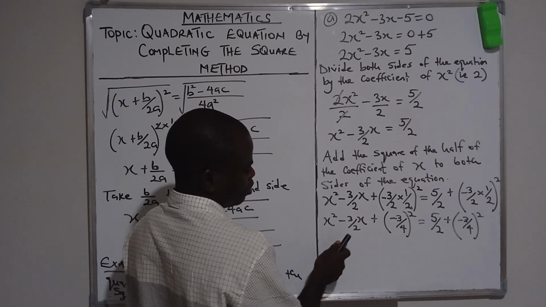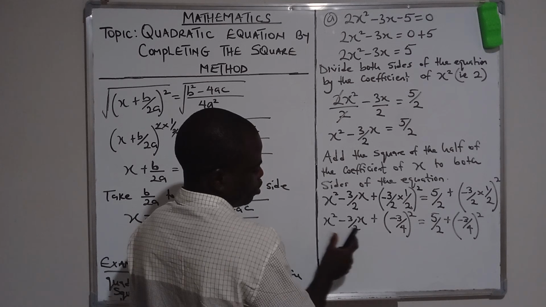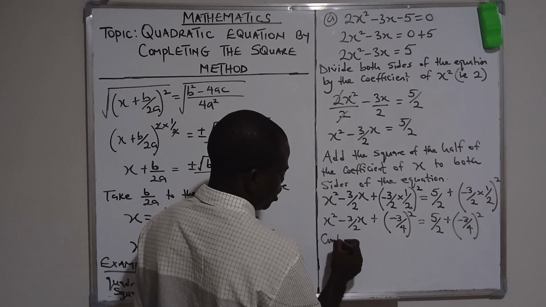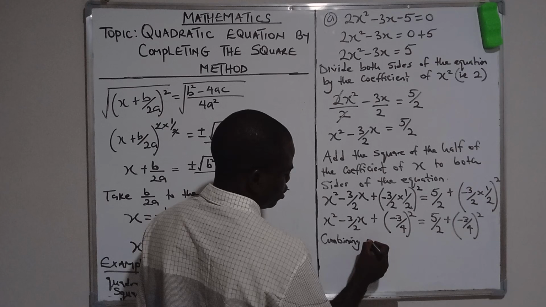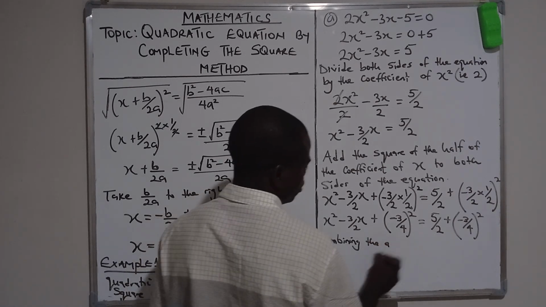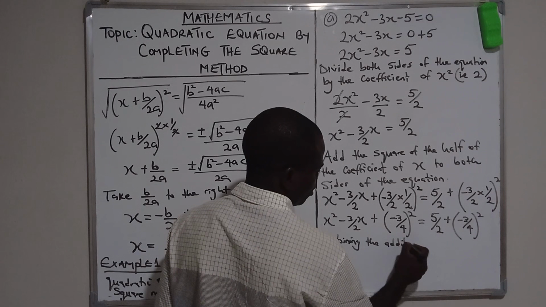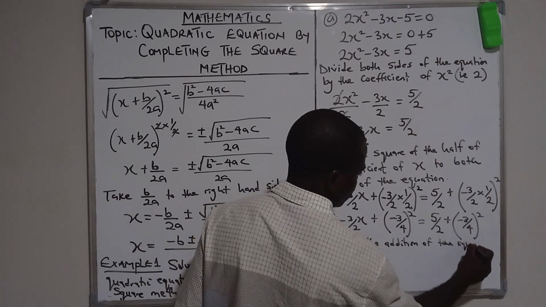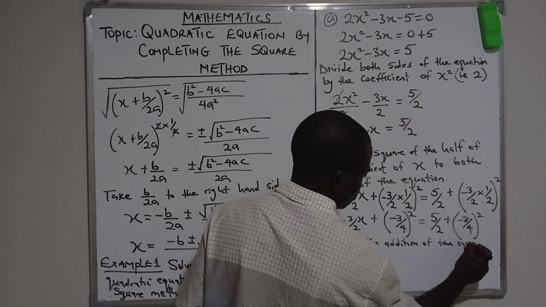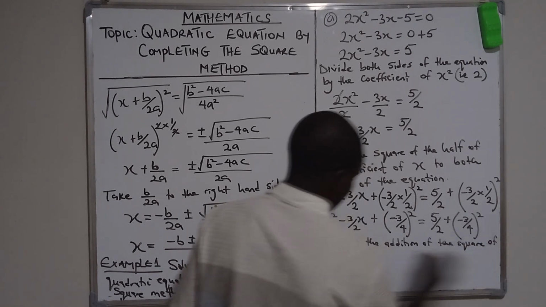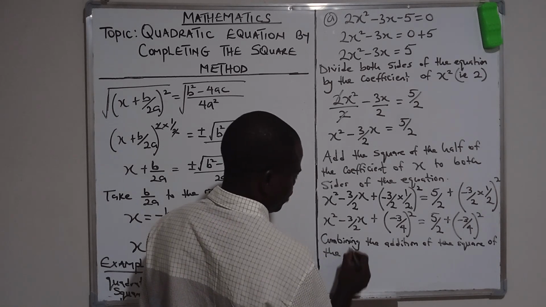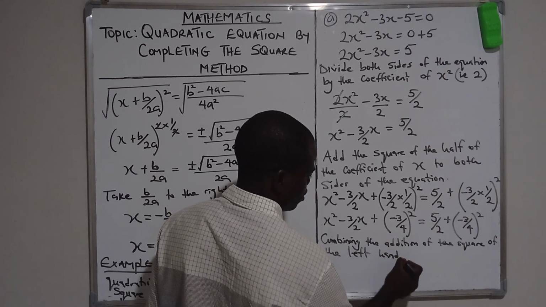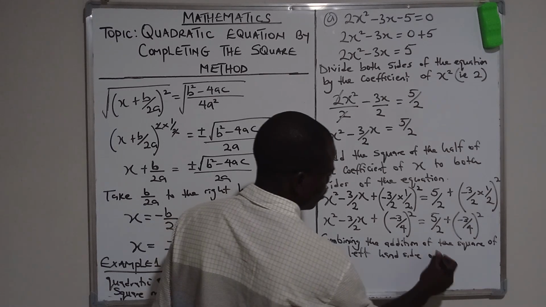Forget about what's in the middle now. Combining the addition of the square on the left hand side of the equation.